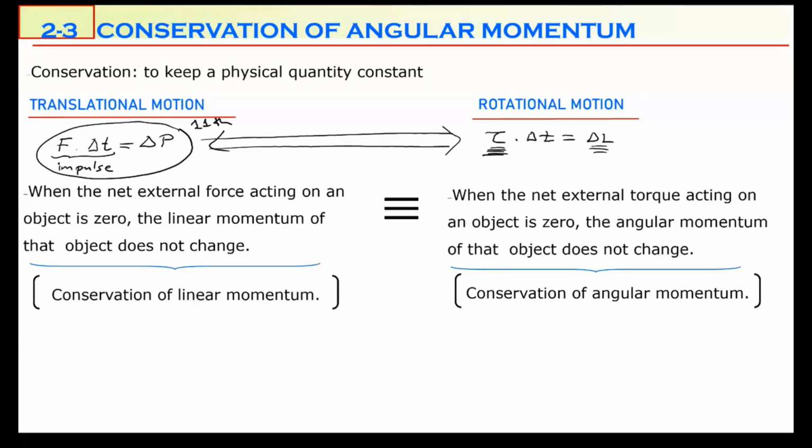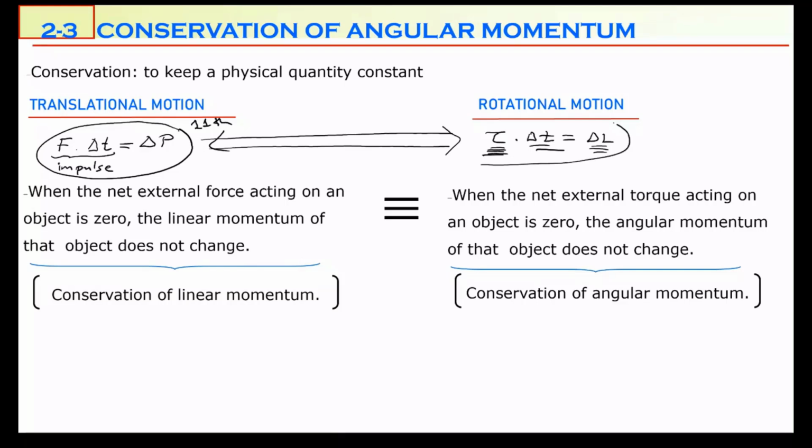So to give an object angular momentum, you need to produce some torque on the object for some time, then the object gains this angular momentum, and after that, even if you cut the connection between the source of the torque and the object, it will continue rotating with the angular momentum it gained before.